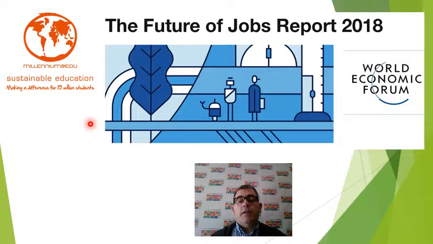Then the jobs and the education answer and meet the future jobs, and the students and their families expect this will happen, and even the countries have to invest in this in order to create the jobs of the future. Then we include this report to follow the trends, to understand what is there, and for people who focus on this aspect.